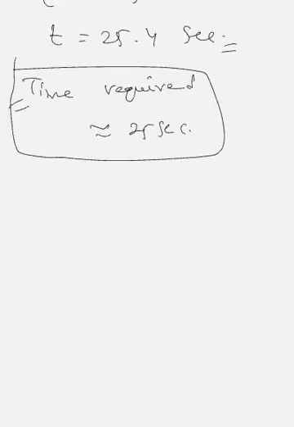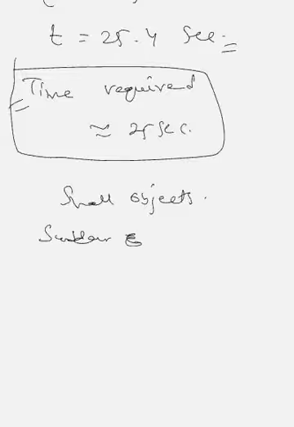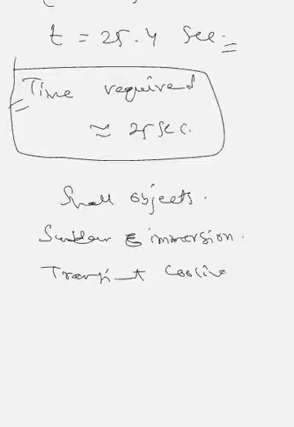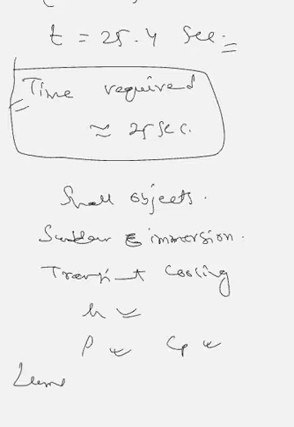Now whenever you see small objects or sudden immersion, transient cooling, H given, rho given, Cp given, immediately think lumped capacitance method.